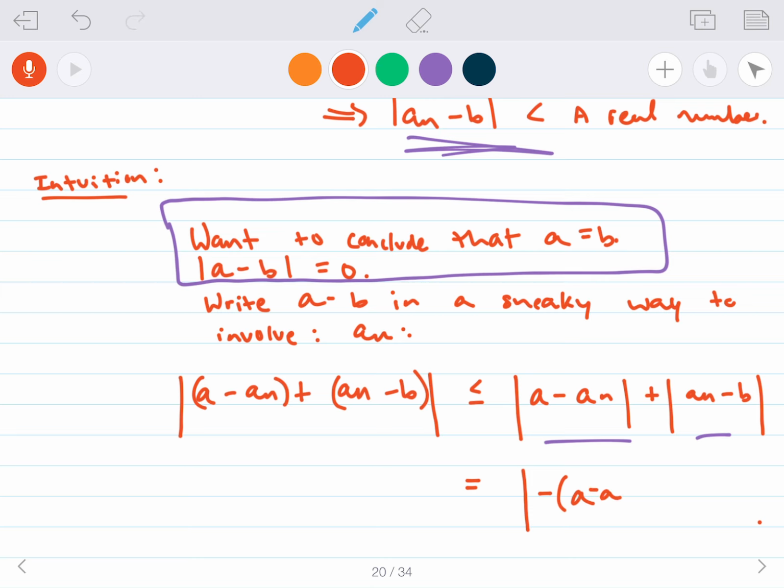I'm just going to use the negative value of the absolute value to say that this is equal to this. Okay, so I'm just going to do a switcheroo so it looks like things that I have. All right, this is equal to this. Okay.